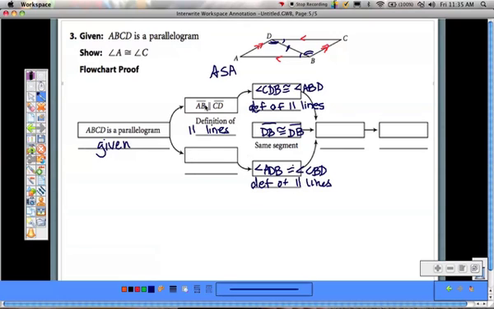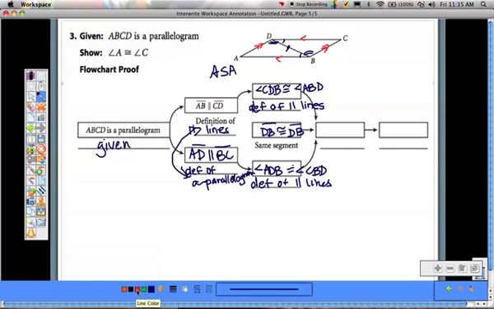Because this is a parallelogram, not only were AB and CD parallel, AD is parallel to BC. All right, definition of a parallelogram. And actually, this should have been the reason for this one right here as well. So definition of a parallelogram for both.